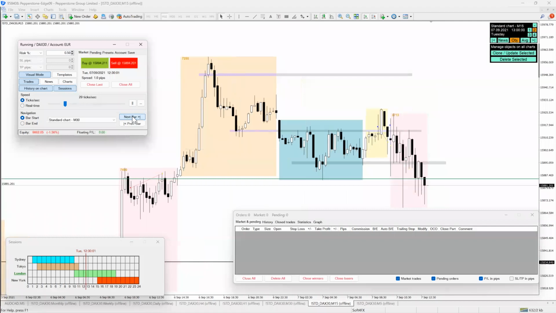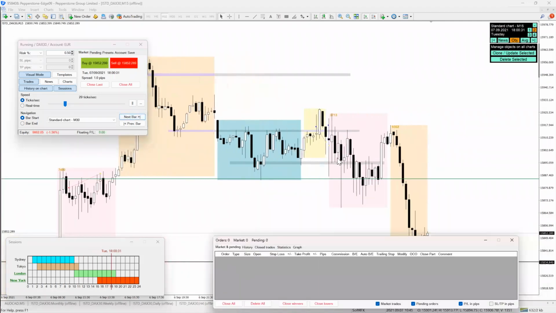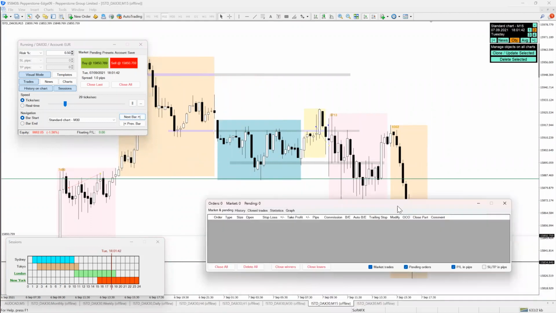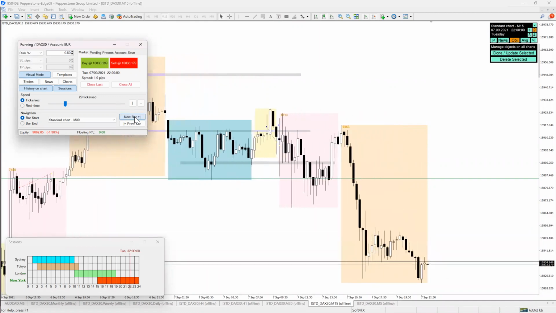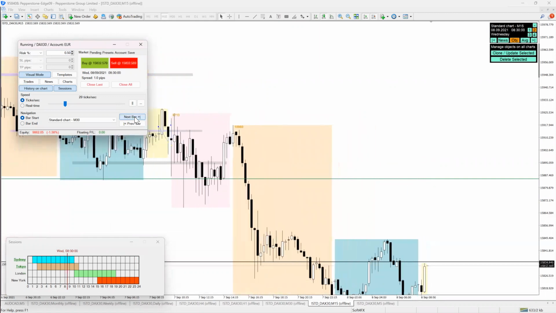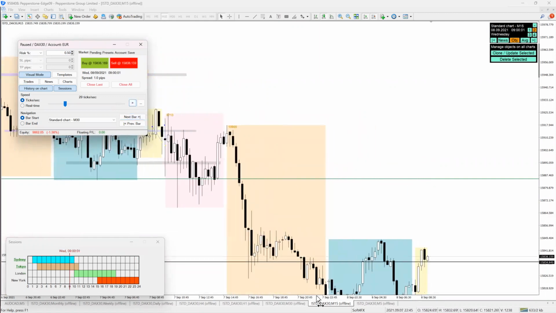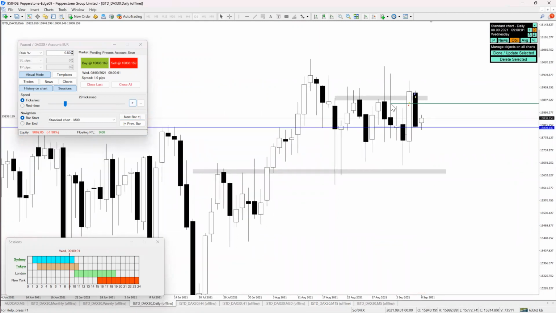Let's skip forward. That's it for the day. Man, just another rangy day. Rangy session. Then New York session took off. Okay, so just stuck in this range, man. Can't get any breakouts.